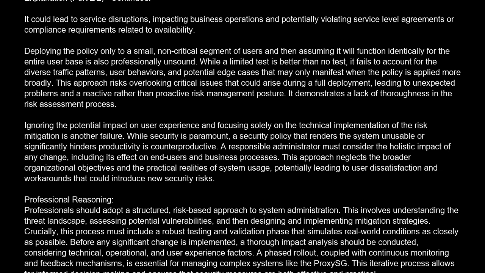Before any significant change is implemented, a thorough impact analysis should be conducted, considering technical, operational, and user experience factors. A phased rollout, coupled with continuous monitoring and feedback mechanisms, is essential for managing complex systems like the ProxySG. This iterative process allows for informed decision-making and ensures that security measures are both effective and practical.